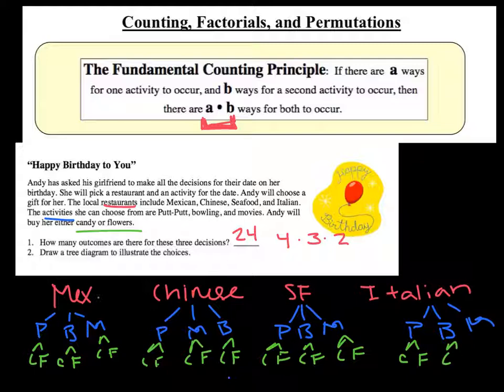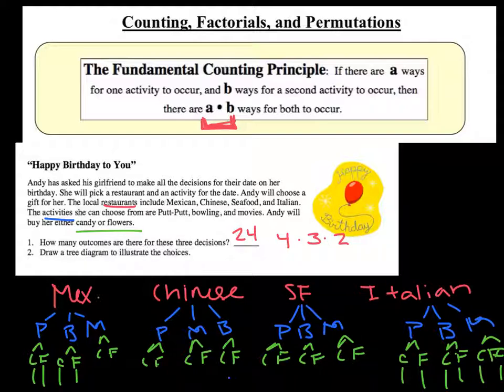So if you count up the number of items at the end of our branch, we have 1, 2, 3. So candy, 1, flowers, 2, candy, 3, flowers, 4. So we have 1, 2, 3, 4, and so on up to 24.